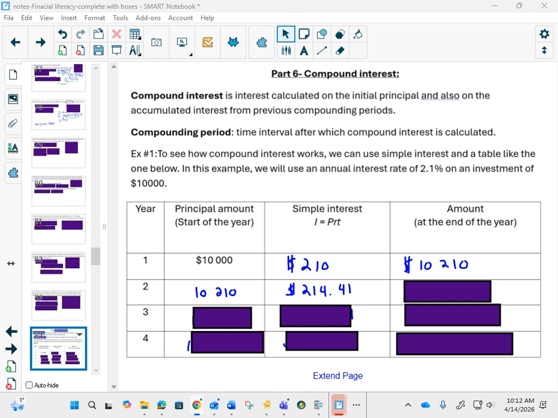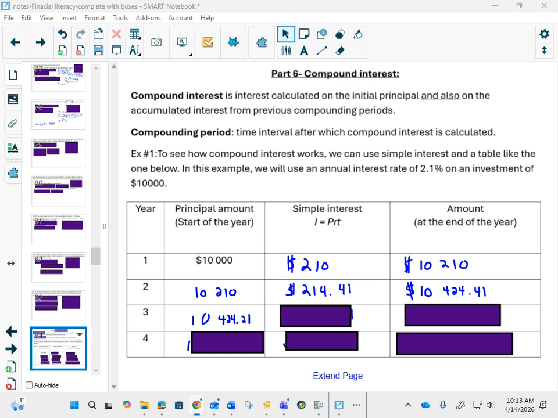But in compound interest, the idea is, well, now you still use your simple interest formula, but it's now based on the new amount. And now you would get an extra $4 of interest because you have extra money in your account. And so at the end of the year, you have more. Then at the start of the next year, you start with more.